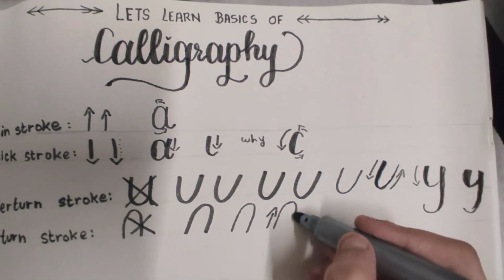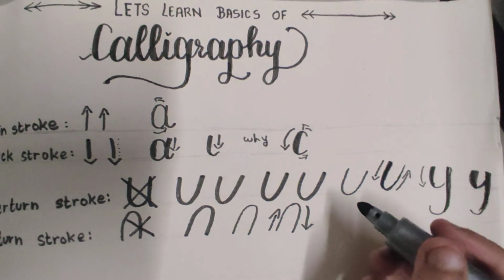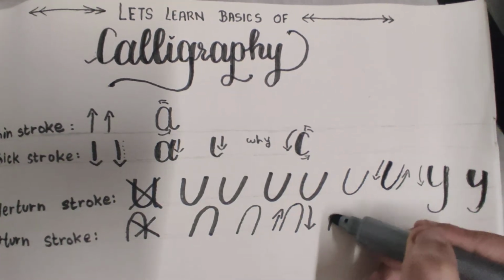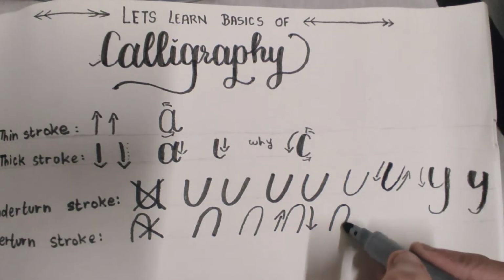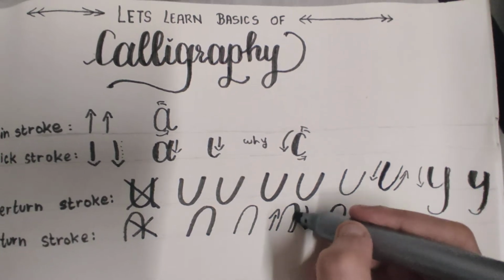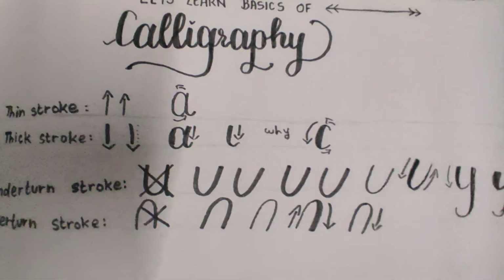But the second part will be thick. Why so? Because when you have already made this part, afterwards you make another part which is going from up to down. So that's why this part will remain thick, but this part will be thin.